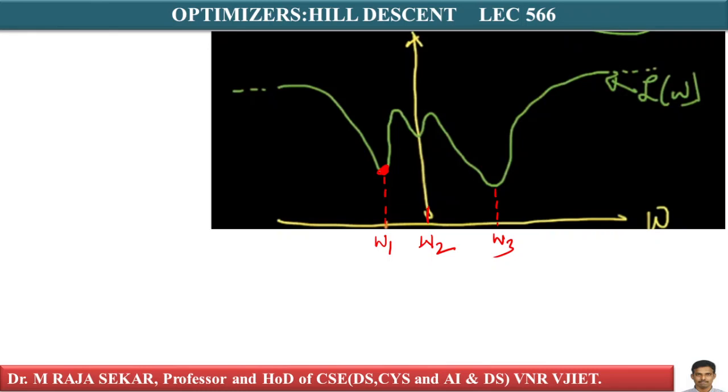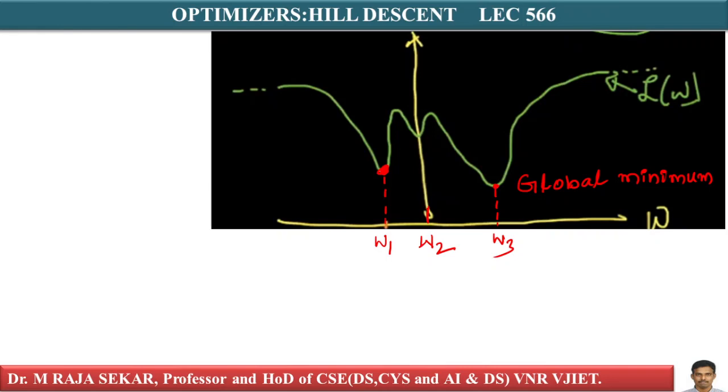You have three minimas here, but among these three minimas, the minima corresponding to w3 is the lowest. So this is called global minima because it has the lowest value compared to all minima, isn't it?